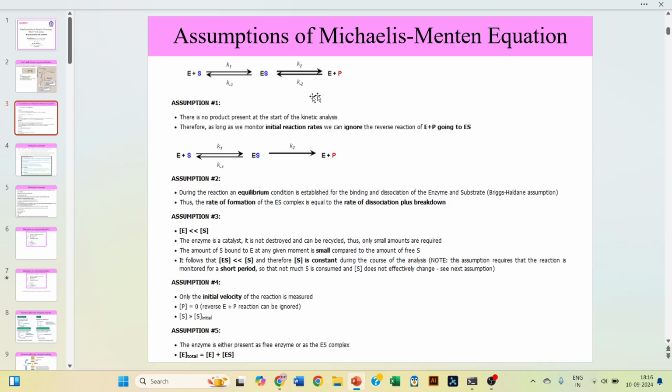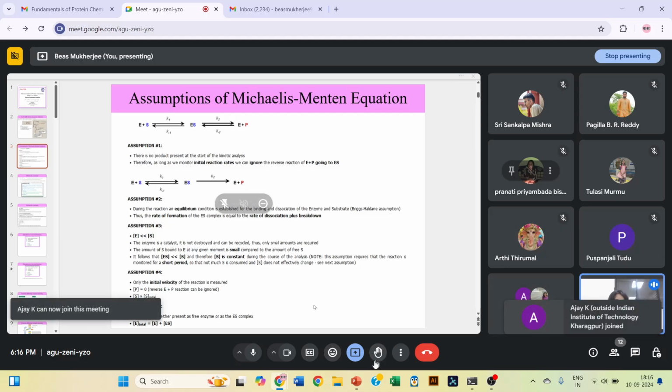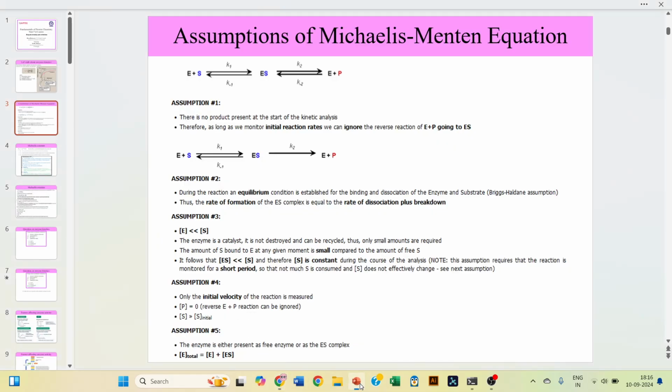So see, this is the equation where enzyme is interacting with substrate, and this is the forward reaction which leads to the formation of the ES complex, which is your enzyme substrate complex, right? And the rate of this reaction is K1, and this enzyme substrate complex can be broken down into enzyme and substrate once again, and this rate of backward reaction is K minus 1.